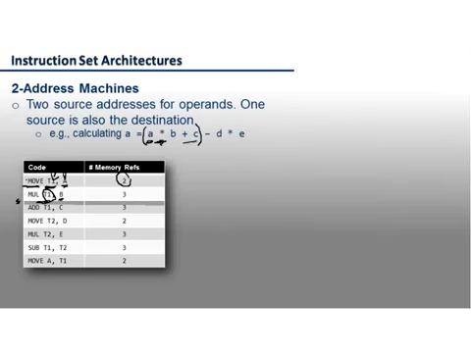The third one, we need to add C. So now T1 has the value of the multiplication between A and B. So this value, we add it to C. And then the result, again, we store it inside T1. So again, we have 3 memory access.